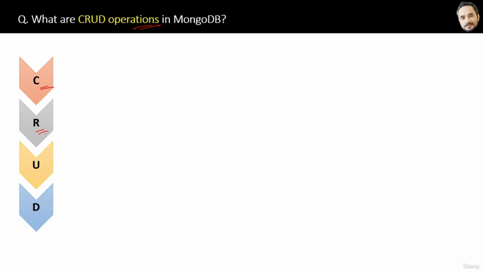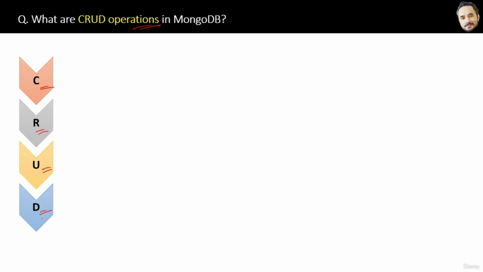R stands for read, meaning reading or retrieving the data, getting the data from the MongoDB collection. Then U stands for update, meaning how to update or modify existing documents inside the MongoDB collection. And D stands for delete, meaning how to delete or remove documents from the MongoDB collection.